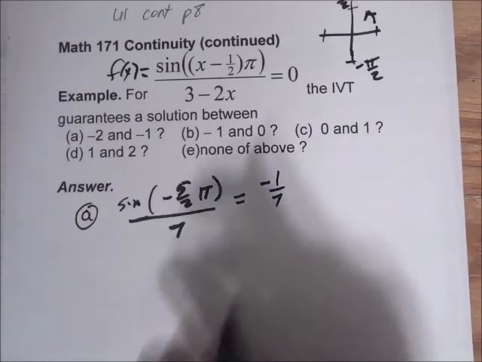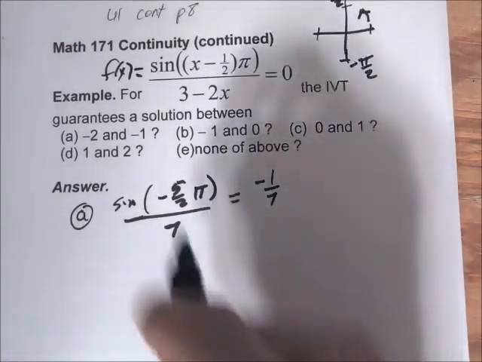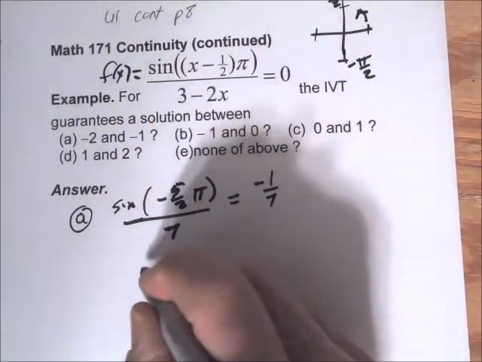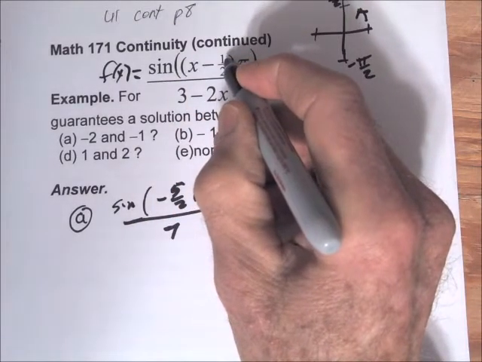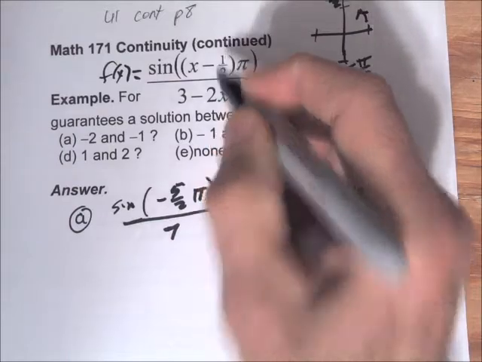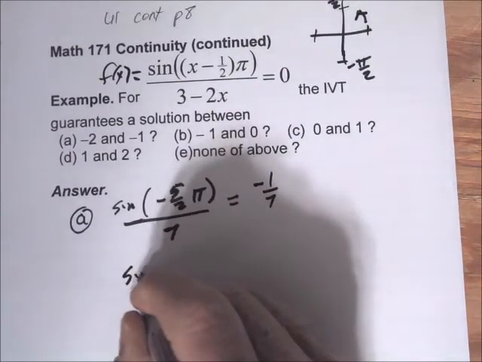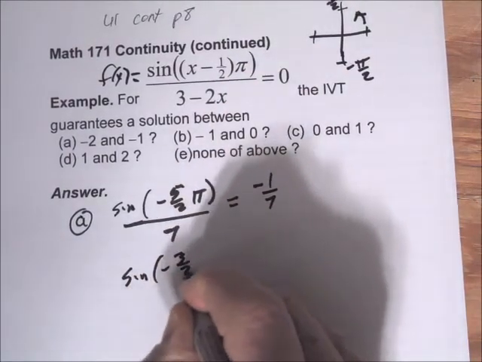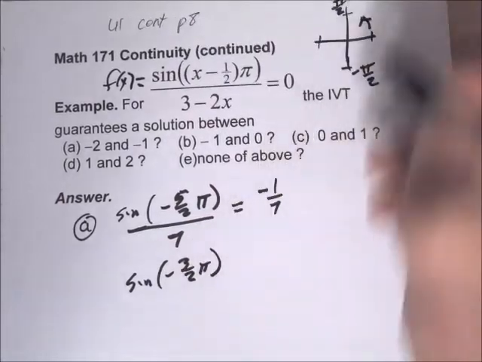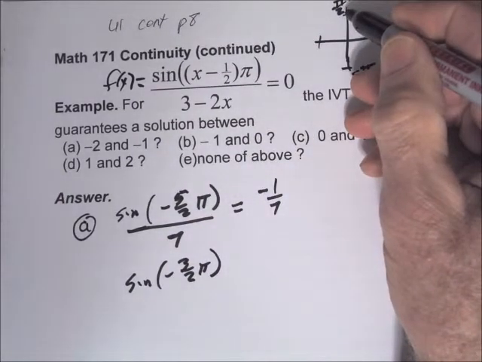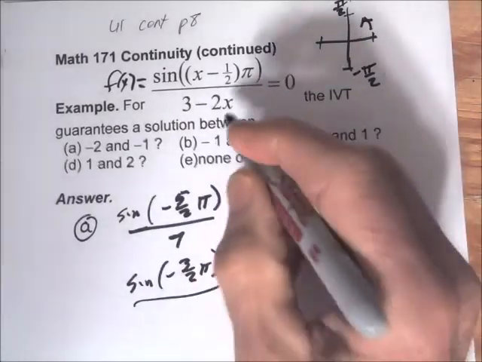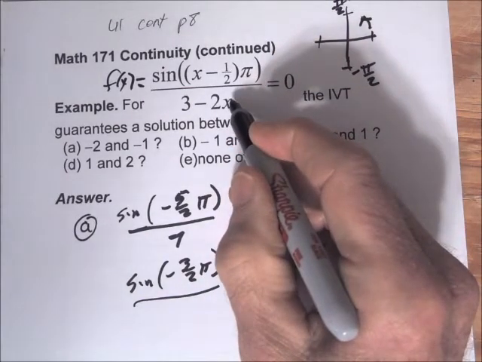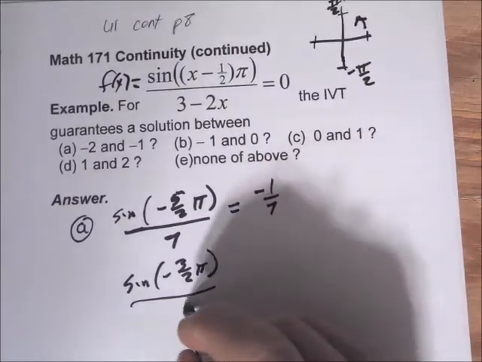And then if we do f of -1, -1 minus a half is -3/2. So sine of -3/2 pi. Then we're landing up here, and that's going to be positive, and that's over -1 times 2 is 2, 2 plus 3 is 5.